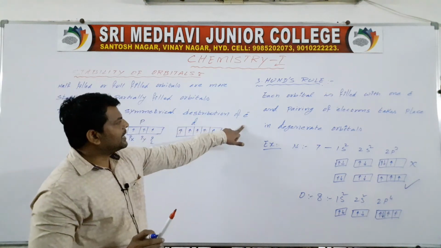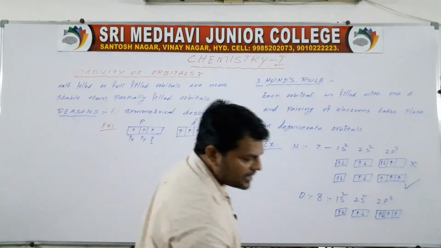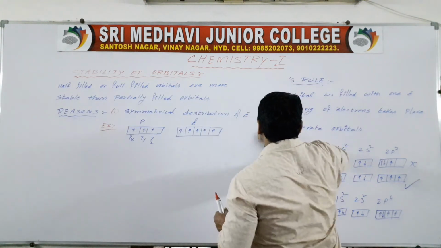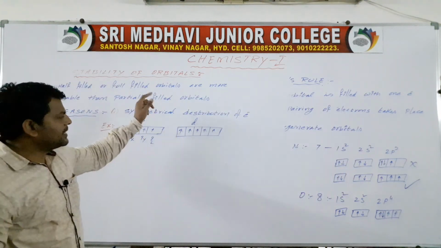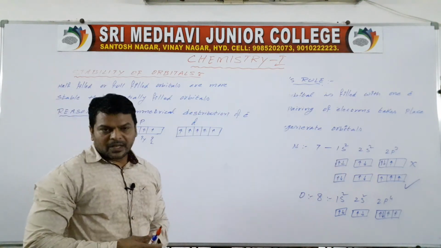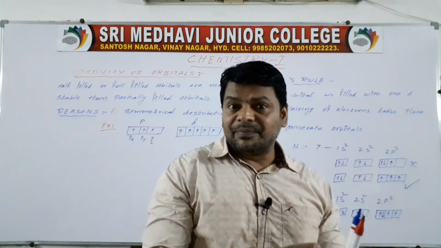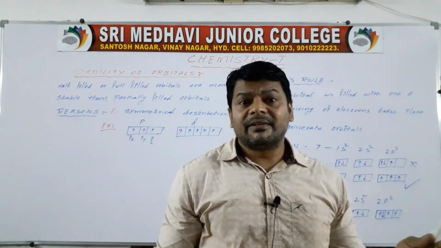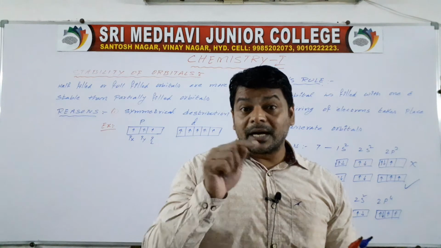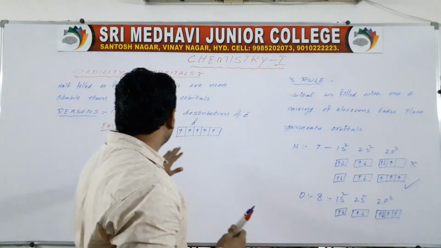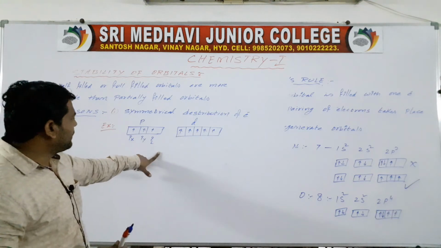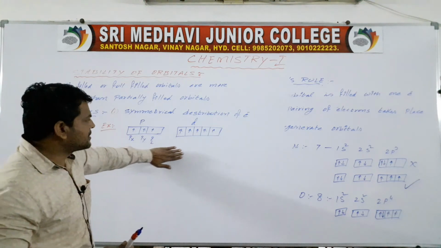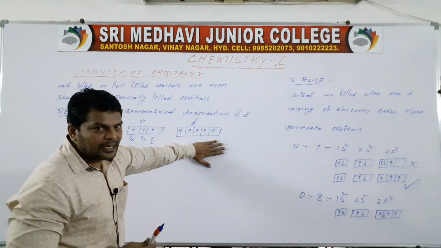Symmetrical distribution of electrons means this is the way: all electrons are arranged in a clockwise direction. All electrons are aligned in one direction, so the orbitals are very stable. Px, py, pz are degenerate orbitals, and these five are degenerate orbitals.